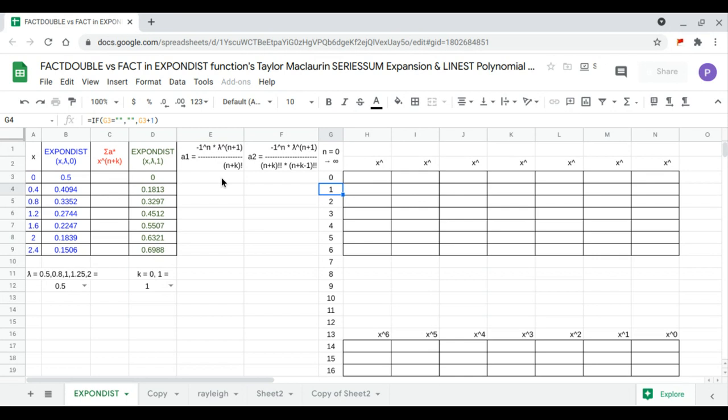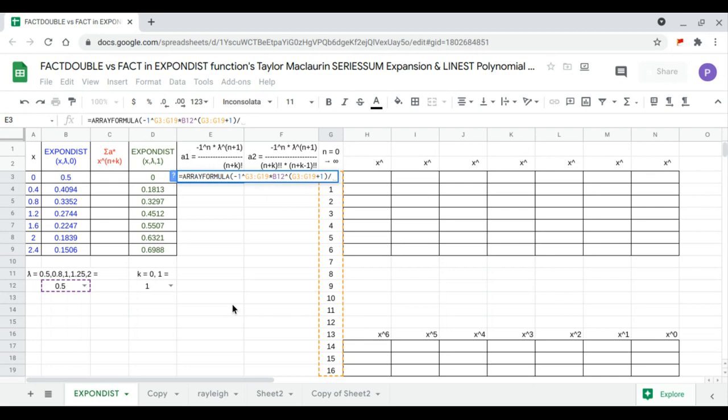Now we continue with the factorial form of the coefficient. So array formula, minus 1 raised to the power n. That's the first item, times lambda raised to the quantity n plus 1.